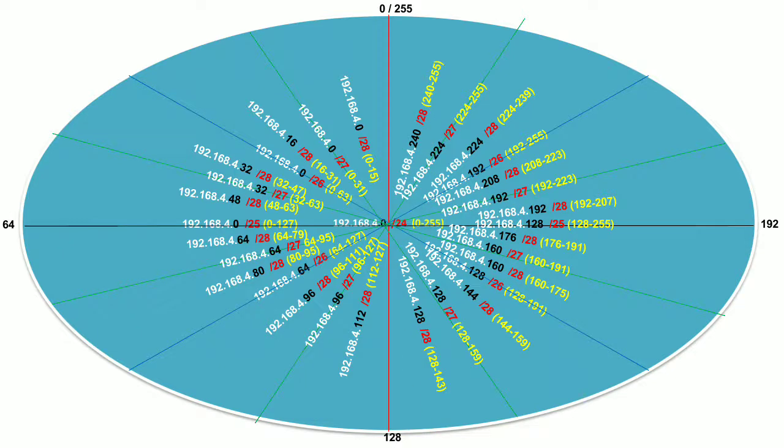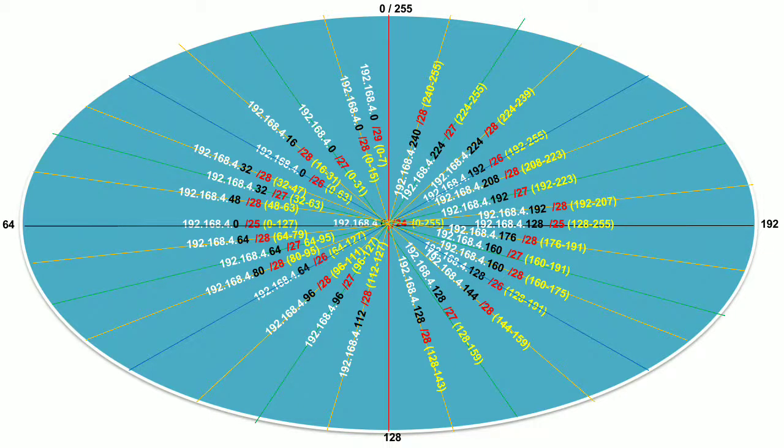Now, if you want to further divide this network of /24 into 32 networks, each of these 32 networks would contain 8 IPs, and the first IP would be the network or the subnet ID of that respective network, and the last IP address would be the broadcast IP address, and the in between 6 IPs can be used for endpoints.